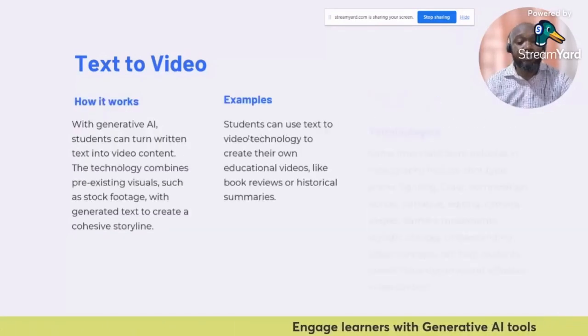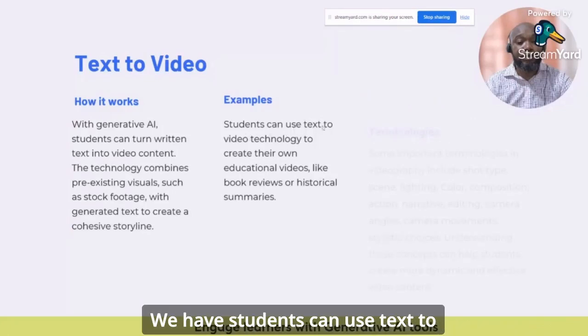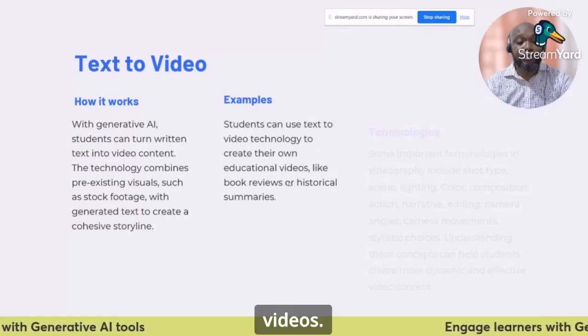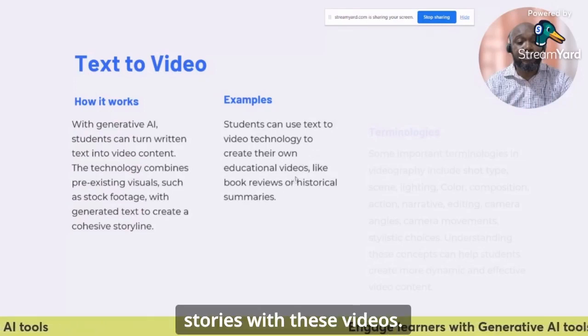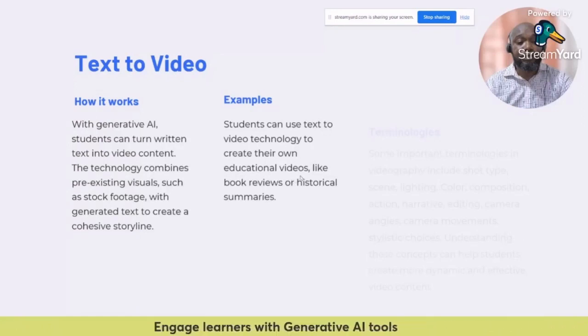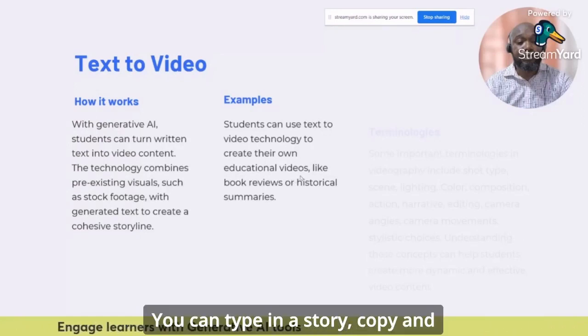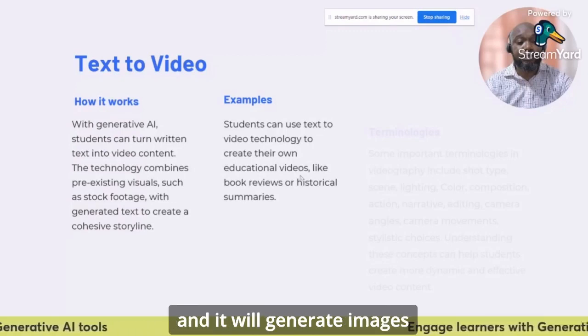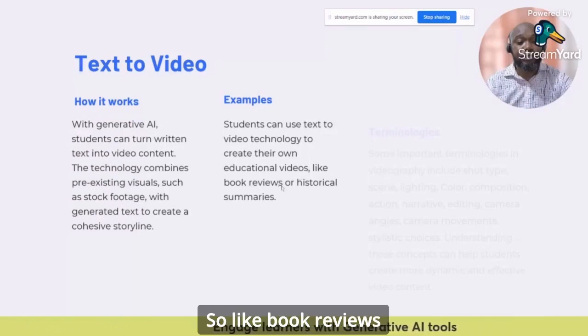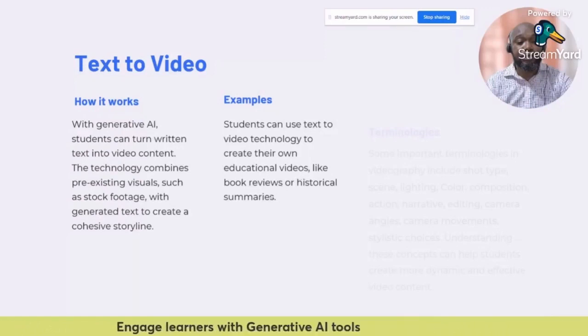For example, students can use text-to-video technology to create their own educational videos. They can tell stories with these videos. You can type in a story, copy and paste it as your text, and it will generate images from it. I'll show you how that works. So like book reviews and historical summaries.